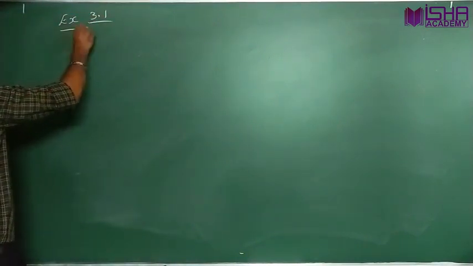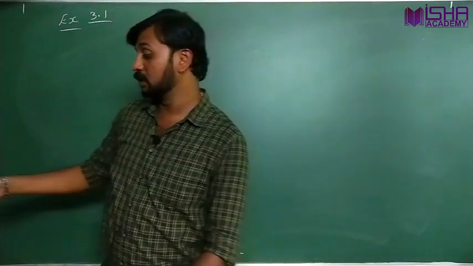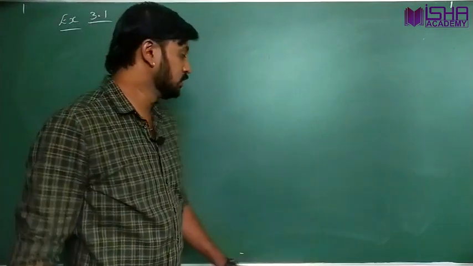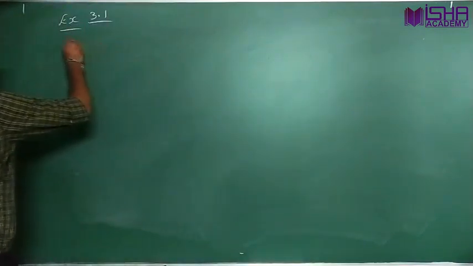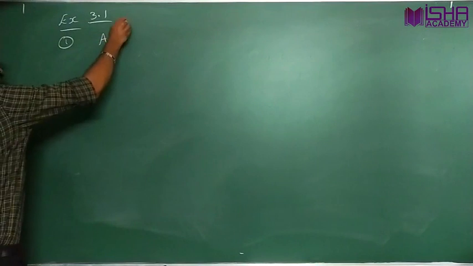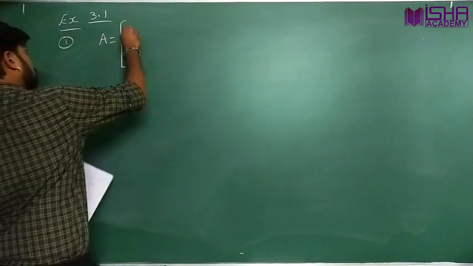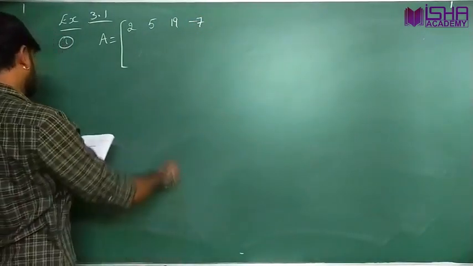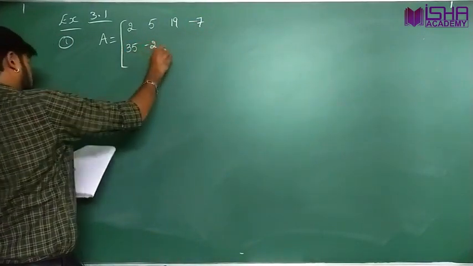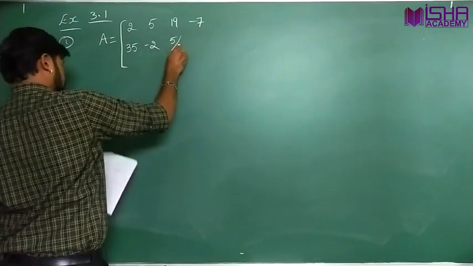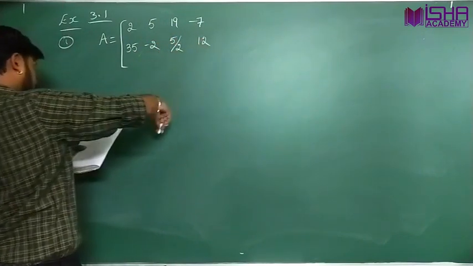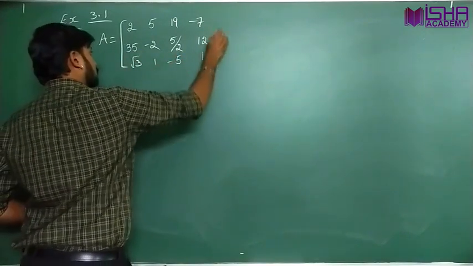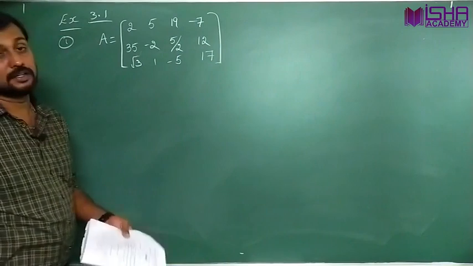Exercise 3.1, question number 1. In the matrix A equals [2, 5, 19, -7; 35, -2, 5/2, 12; √3, 1, -5, 17], write the following.